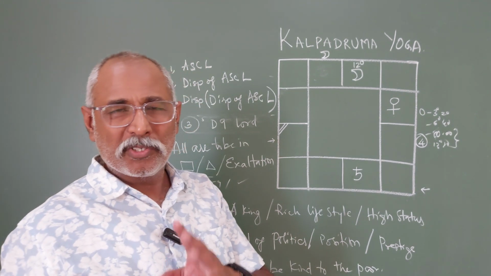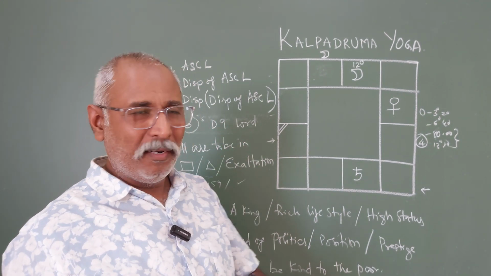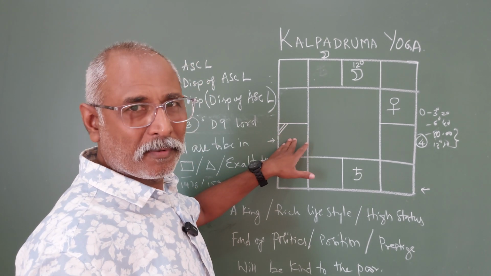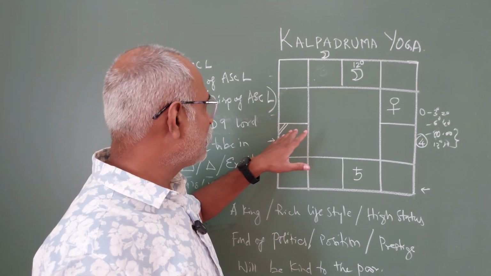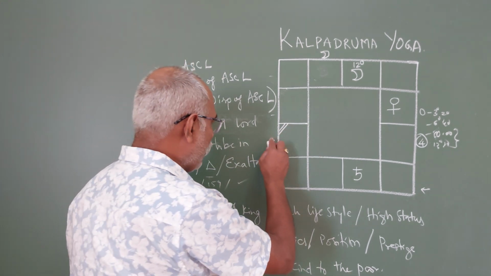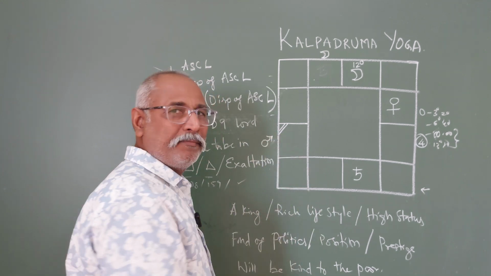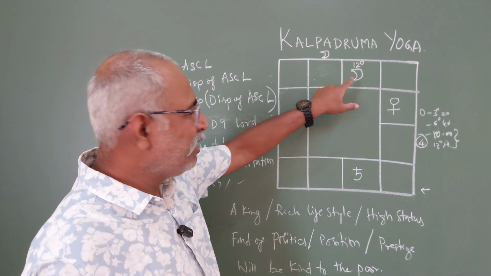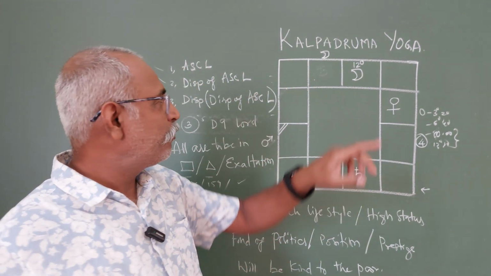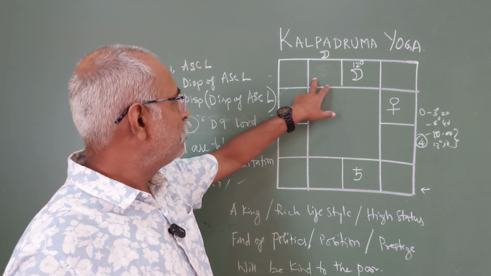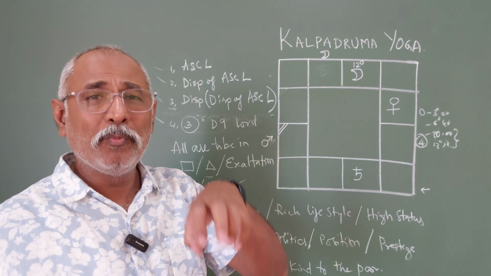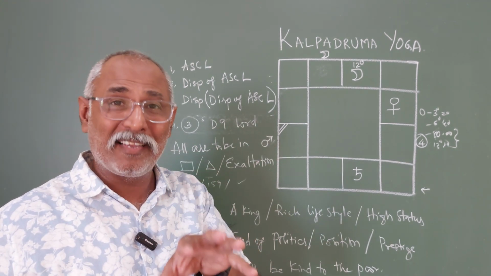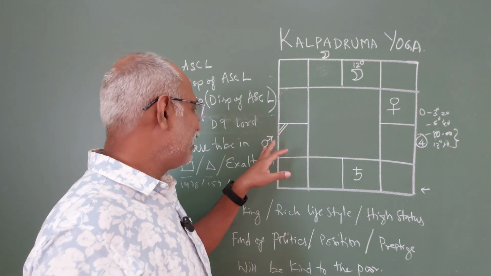In the D9, Moon is posited in Aries, and in D9, if the ascendant, let us say, is in the same position, and if you have Mars here, because the D9 dispositor of Moon, the Lord of the sign where Moon is posited in D9, is Mars.